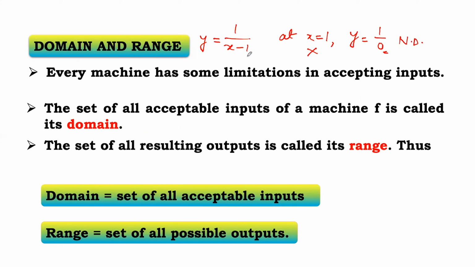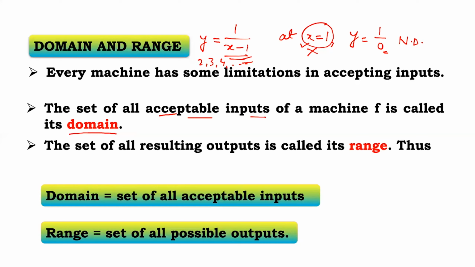So this machine y = 1 upon x minus 1 will not take the value x equal to 1. So this value x equal to 1 is not in the domain of the function. This value is not an acceptable input, right? But if you put the value 2, 3, 4, any value other than 1, this will be an acceptable input.